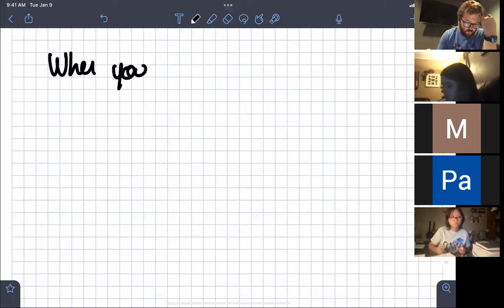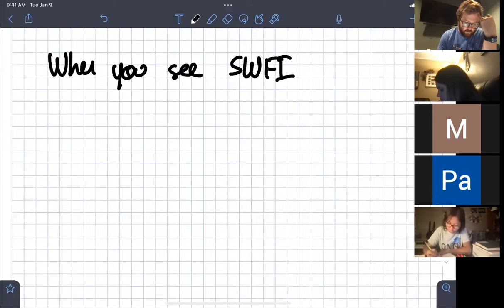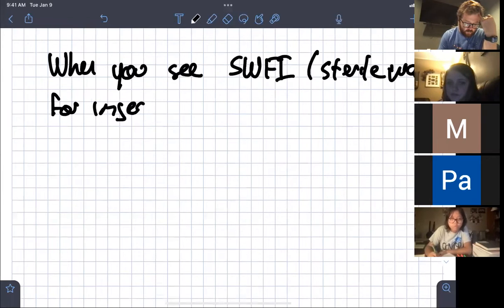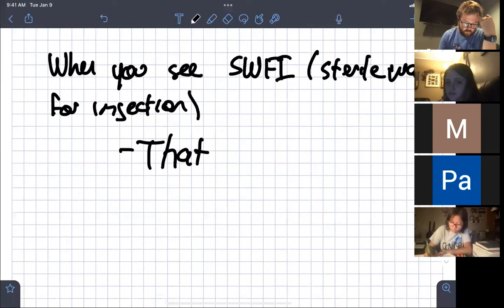When you see SWFI, or sterile water for injection, that is the diluent.